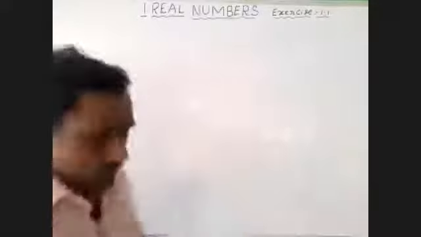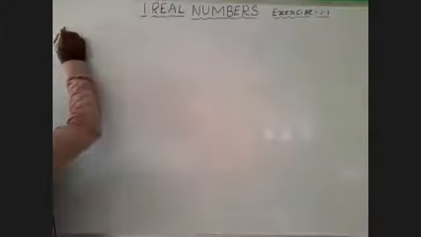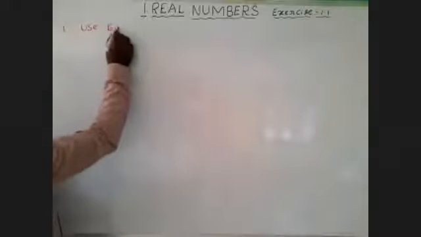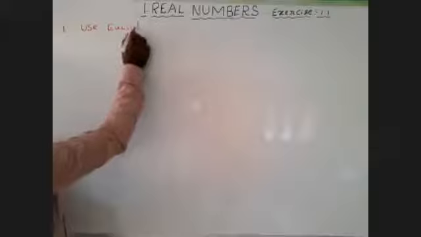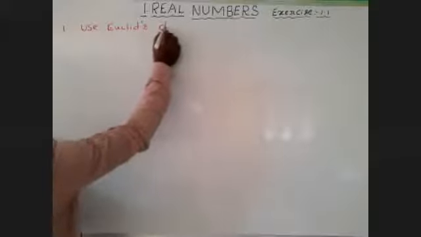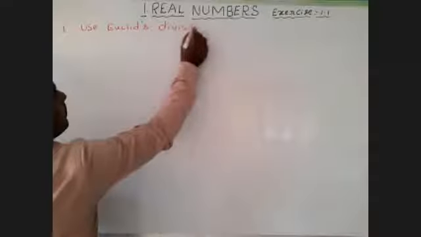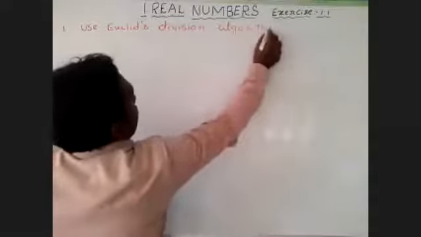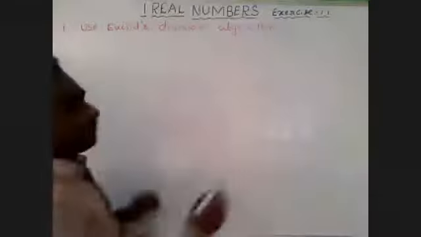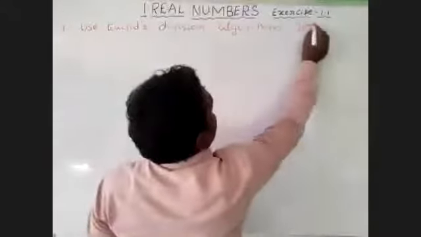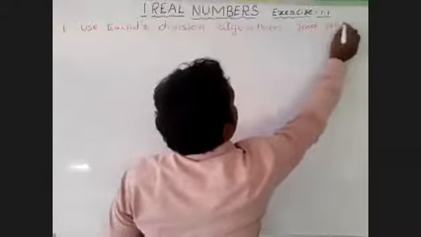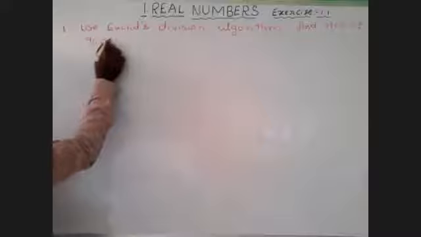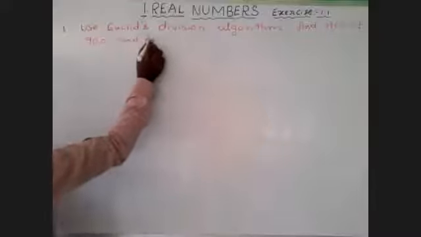So, first problem: use Euclid's division algorithm to find the HCF of 900 and 270.